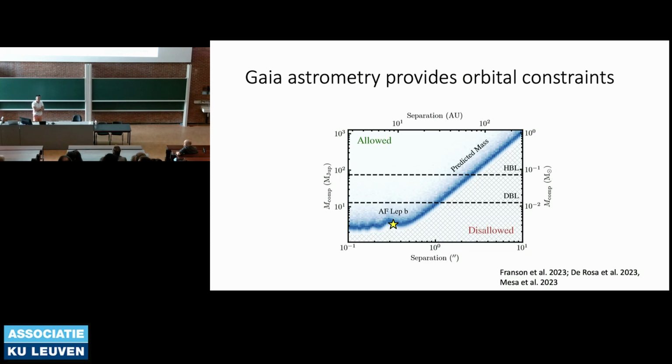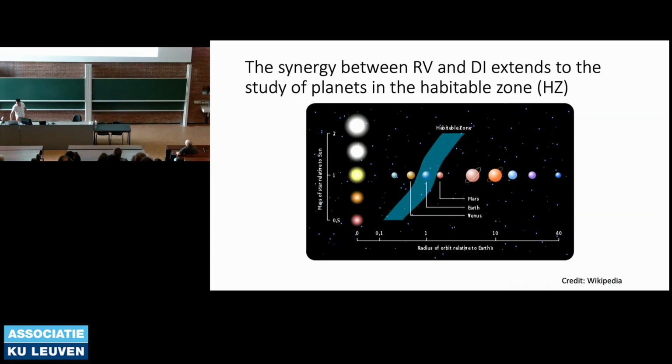I'm showing you one example of the lowest mass planet detected and confirmed by Gaia, AF Lep b here. So with the combination of radial velocity, direct imaging and astrometry, we can actually study those planets in great detail. And the story does not end there, right?